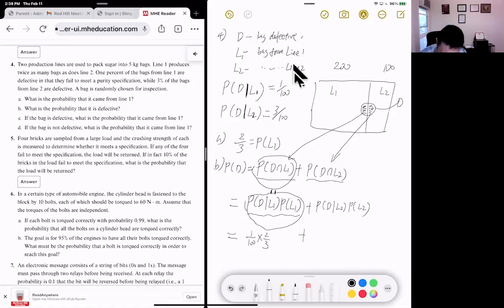P(D given L2) is 3%. P(L2) is 1/3, correct? Because P(L1) is 2/3, so P(L2) is 1 minus P(L1), which is 1/3.